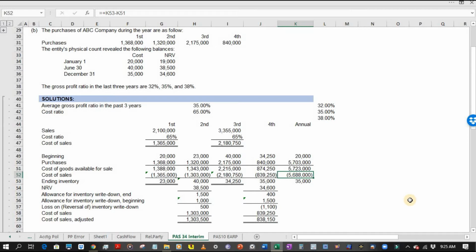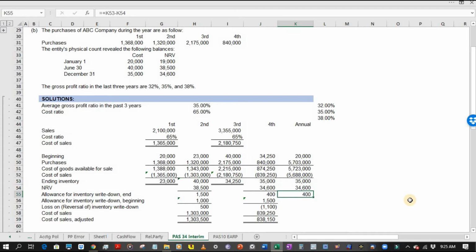So the initial cost of sales is 5,688,000 and the initial ending inventory is 35,000 pesos. Again, these are initial amounts because we need to determine if there are adjustments. And the adjustments will be computed if the NRV is lower than the cost. And again, NRV is 34,600. That is why there is a difference of 400.